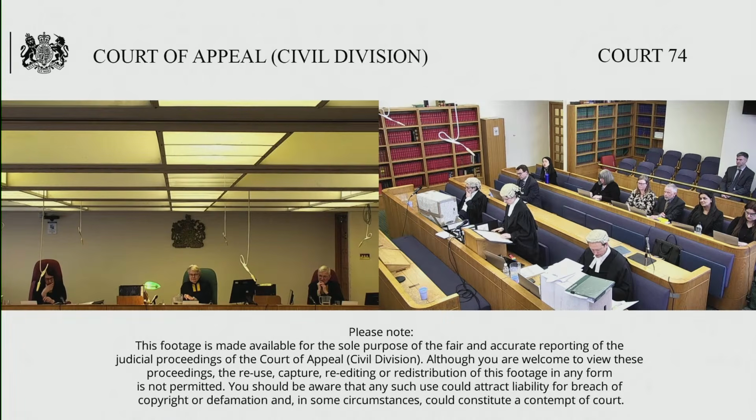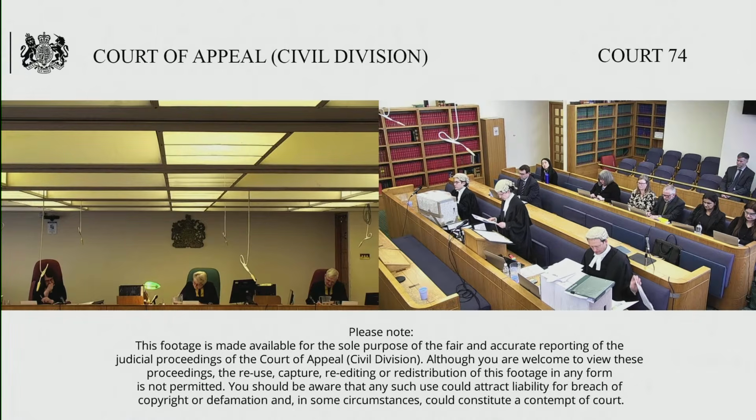So what points does my learned friend take against me? They're at paragraphs 38 to 40 of his skeleton argument. The pith of it is really at 38. He says, well, because she is deemed to be beneficially entitled to the property after the transfer, I'm going to call it, that can't possibly be a gift.